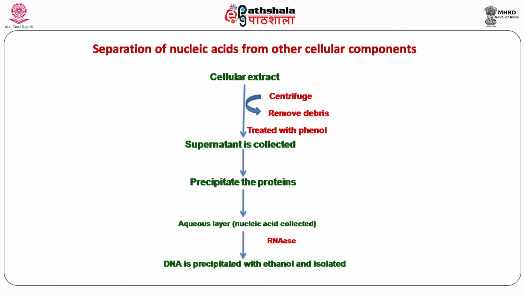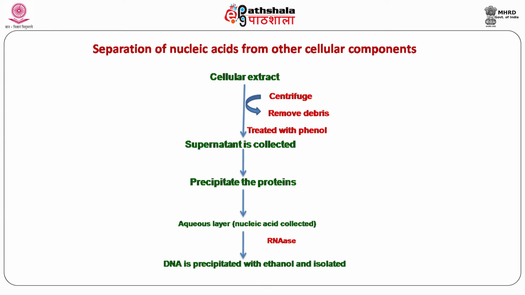Coming to the second step, called separation from other cellular components. How do you do it? You take the cellular extract, centrifuge it to remove the cell debris and collect the supernatant. Now, when this is treated with phenol, you can precipitate the proteins.